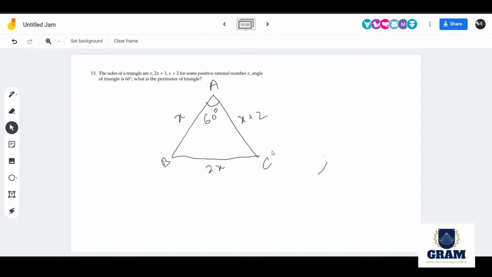No, there's a special trick associated with it. You can't just bash directly because you won't get the value of x directly. You see you have 60 degree, so the other two angles sum up to 120 degree. And this is not an equilateral triangle, so one has to be greater than 60 degree and one has to be less than 60 degree.